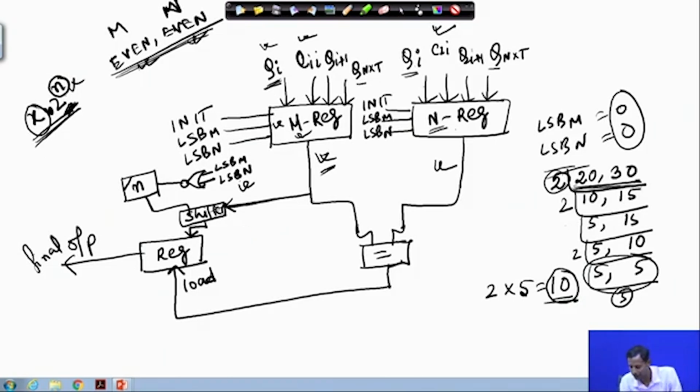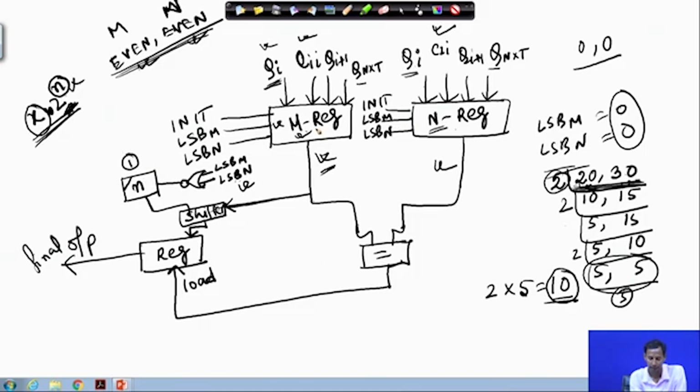Now you check whether this circuit is giving me the same result or not. In this particular case, 20 and 30 is loaded over here. Based on that, the LSB of m and LSB of n are 0 and 0. Okay. Now you see this is 1, so this counter value has been incremented by 1.